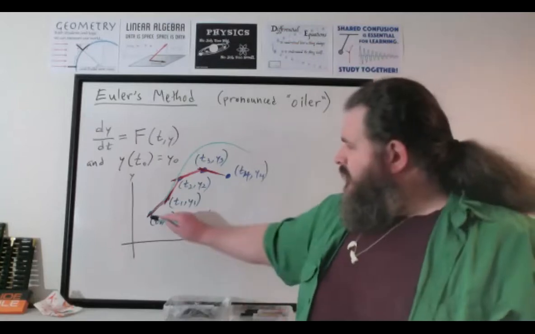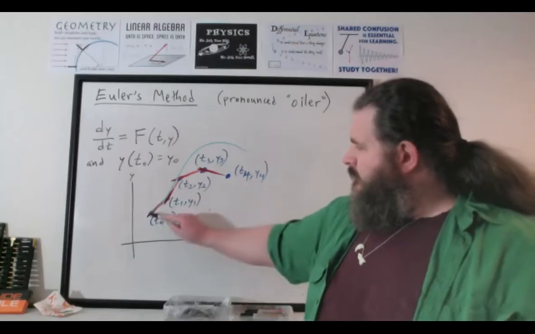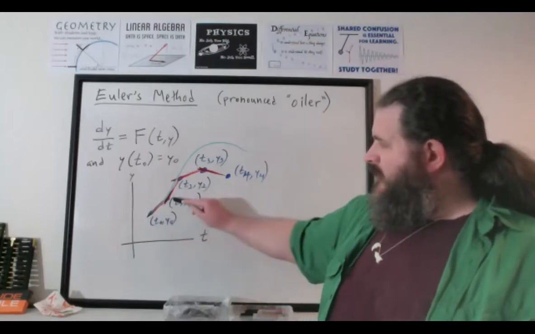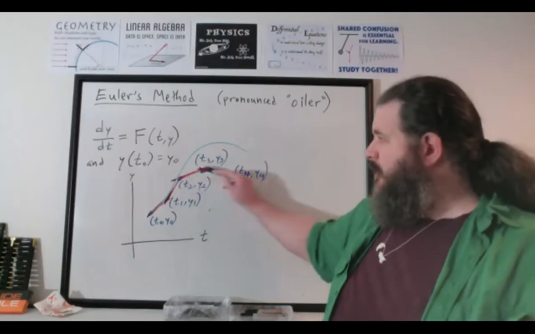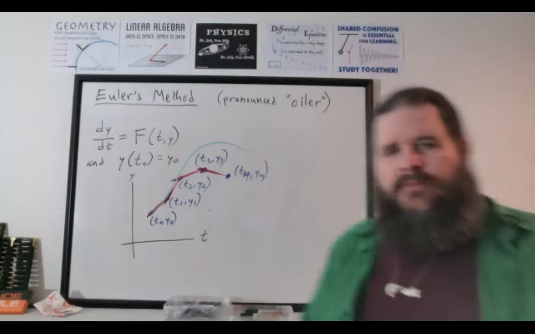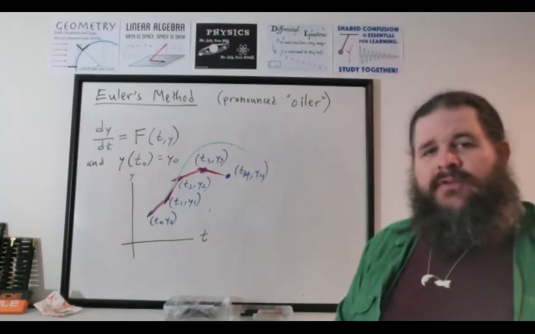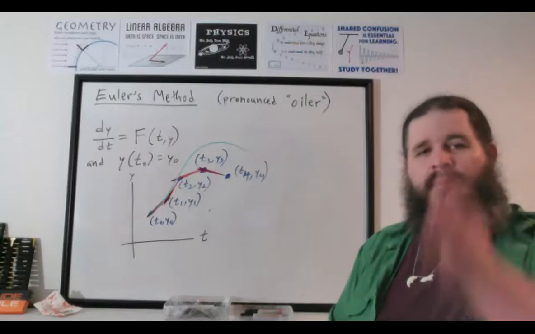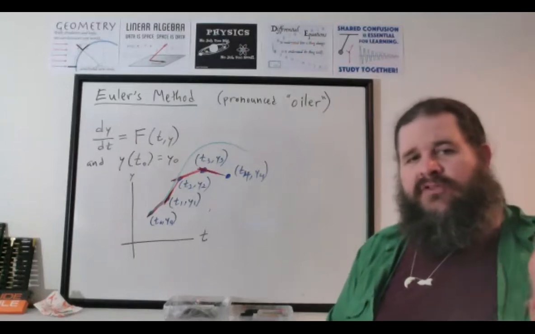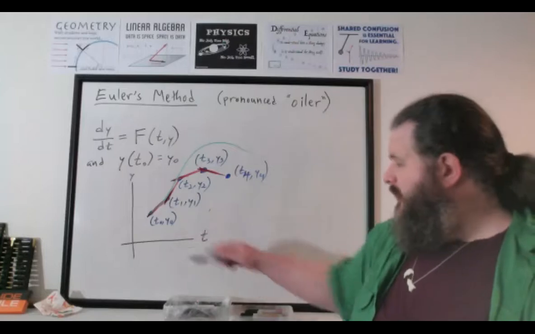So if we're going through this sequence of approximations, calculate the slope, go a little distance in that direction, recalculate the slope, go a little distance in that direction, recalculate the slope, and so on. To keep track of this, I usually find it's useful to make a data table, with a column for t, a column for y, and also a column for the slope, because we want to know what's the slope at each of those points.